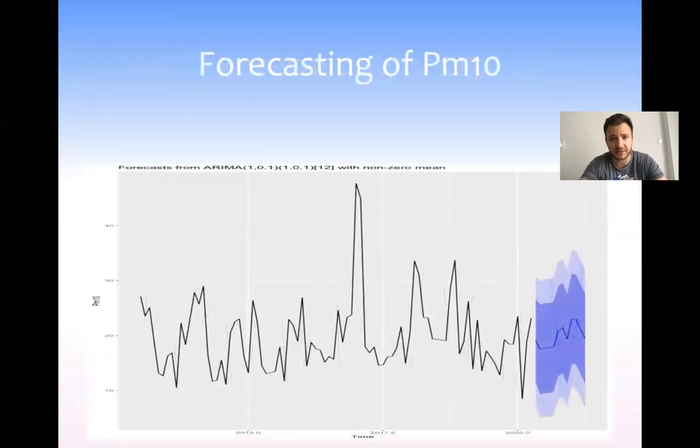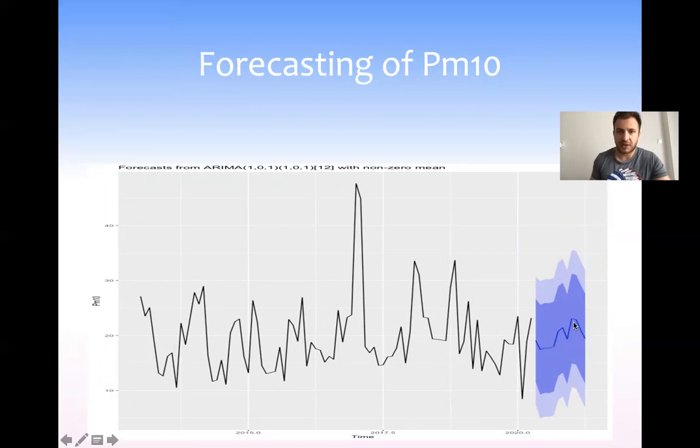For PM10, R selected ARIMA(1,0,1) with seasonality of (1,0,1) at lag 12. When we do the forecasting for the next 2.5 years, until the middle of 2022, you see we will not have any sharp increase or decrease.